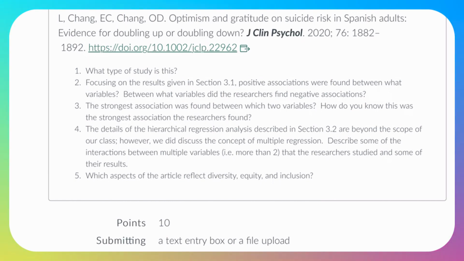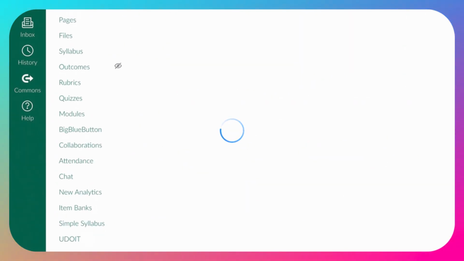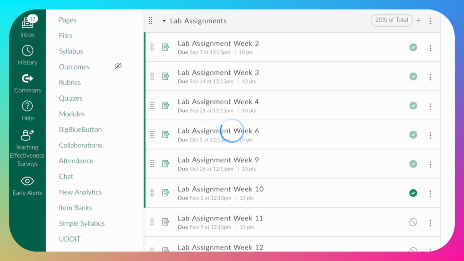So what kinds of relationships between more than two variables? And then finally, which aspects of the article reflect diversity, equity, and inclusion? And again, try to make your answer more robust in that area, thinking really thoughtfully about those issues related to this article.